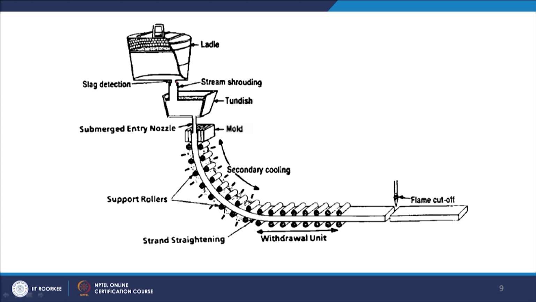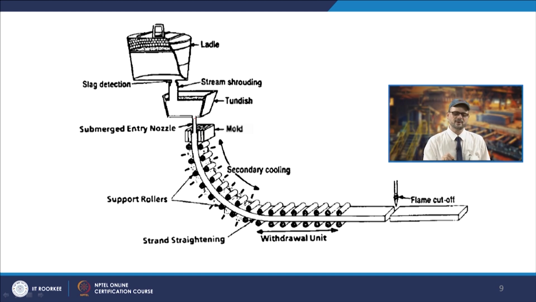You have shrouding, and it will bring this liquid steel to the tundish. Then from the tundish it will go to the mold. Depending upon the number of outlets the tundish has, you will have different strand tundishes: multi-strand tundish, single strand tundish, two strand tundish, depending upon how many strands you have.